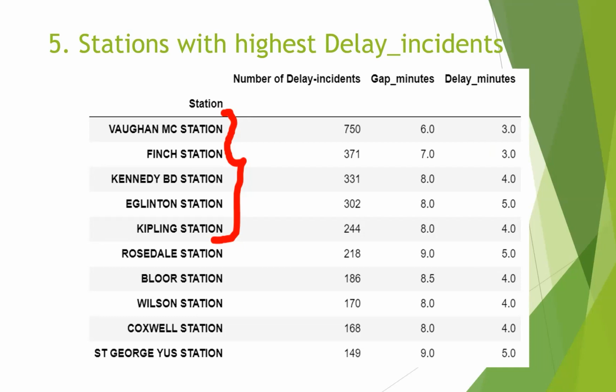For example, sometimes people have vomited there, people have urinated there, etc. So when you have those kinds of things happening, the number of minutes that are spent delayed at terminal stations will lead to a high delay incident count. So this is the reason why terminal stations have these kinds of delays.